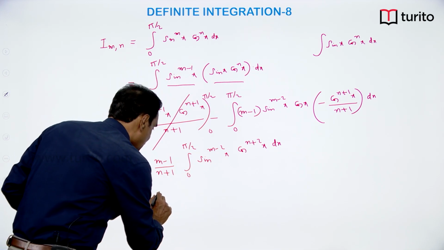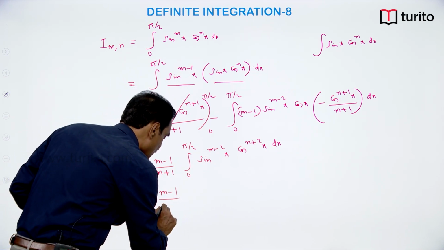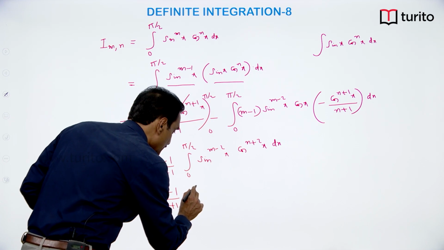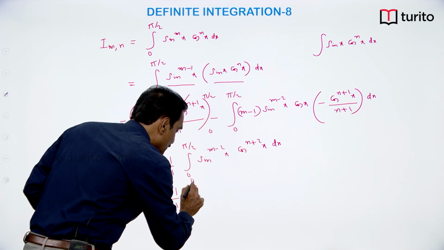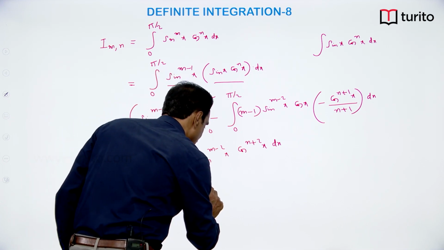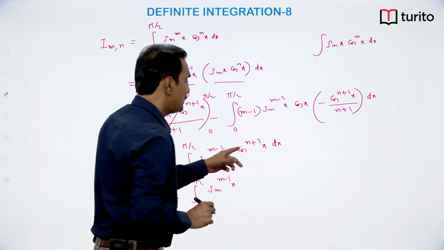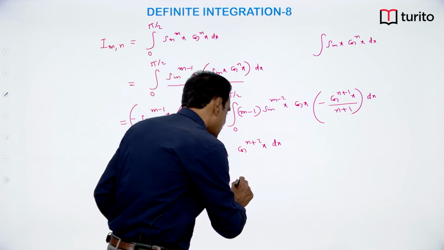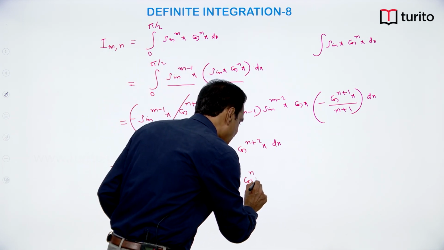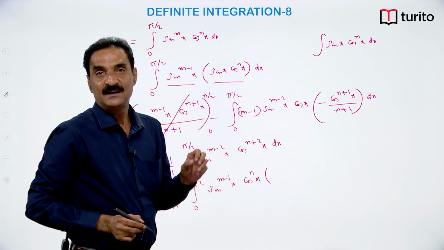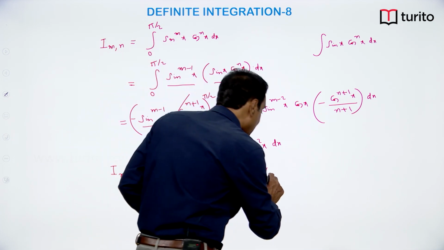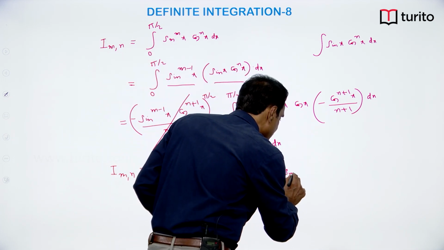It is m minus 1 by n plus 1 into integral 0 to pi by 2 sine power m minus 1 x into, you can write this as cos power n x into cos square x. We can write cos square x as 1 minus sine square x.